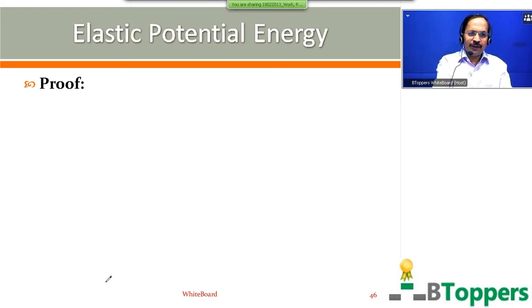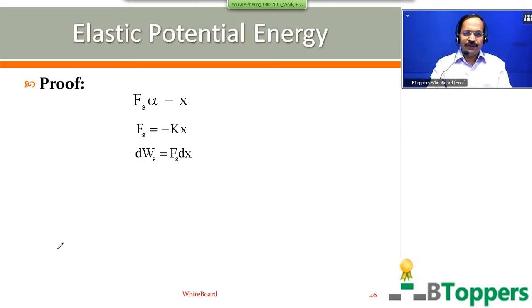But I am going to give you the working or proof for the conclusion I have shown directly on the screen. Fs proportional to minus x, or Fs equal to minus kx. Fs represents the elastic force by the spring. dWs represents the work done by the elastic force by the spring.